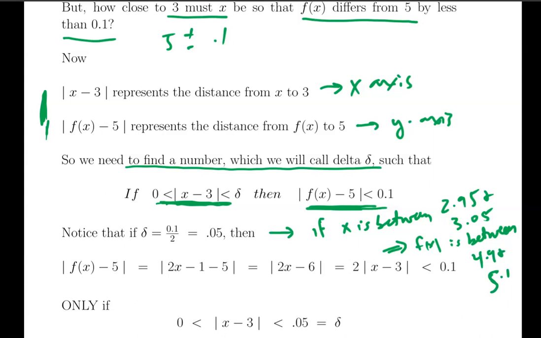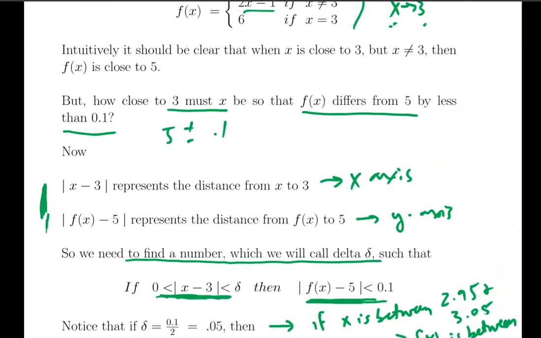That's my claim. You can plug those values into the function and test it, and it does come out true. So we have found a delta. The delta is 0.05, and that works to answer this initial question.